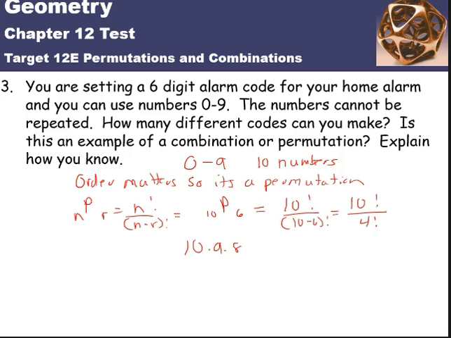So it'd be 10, 9, 8 all the way down to 1, and then 4 all the way down to 1. And these cancel. So it's 10 times 9 times 8 times 7 times 6 times 5. So I'm going to do that on my calculator. 10 times 9 times 8 times 7 times 6 times 5. And I get 151,200.